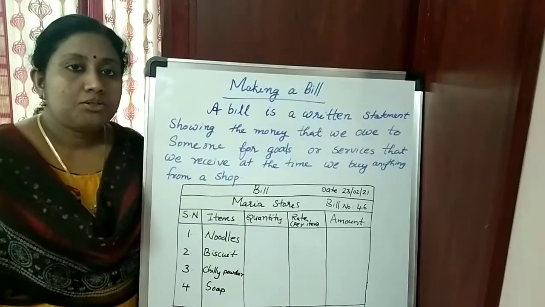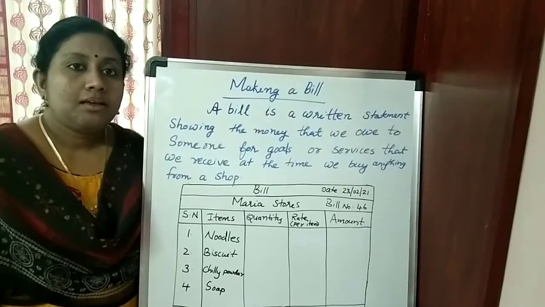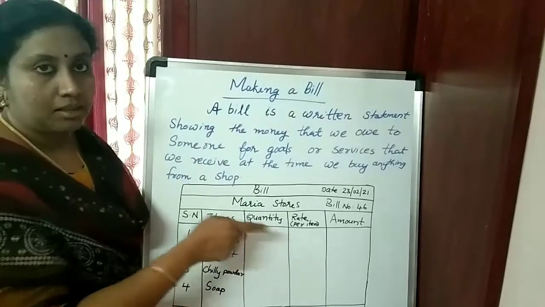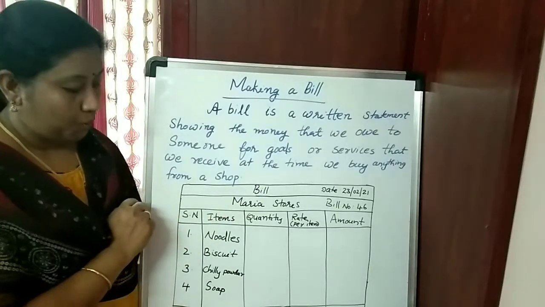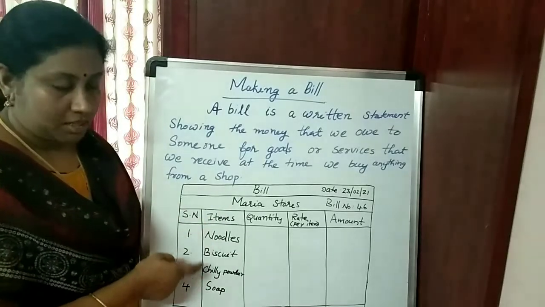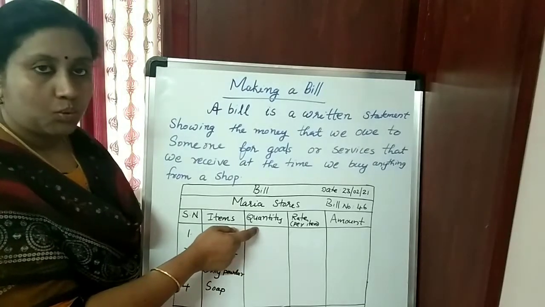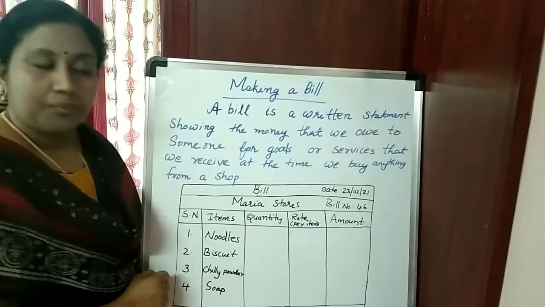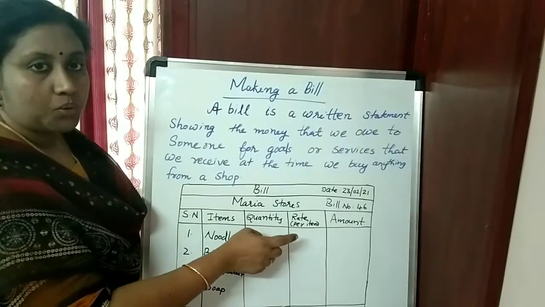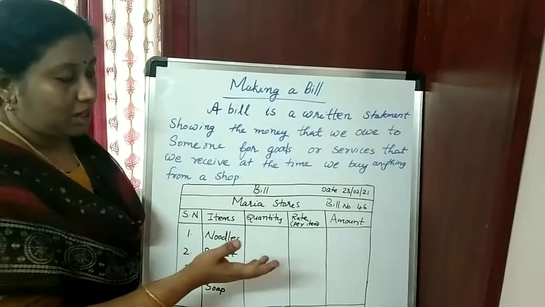That means when we go to market to purchase some items, the shopkeeper gives us a slip. In that slip our things are mentioned like this: the name of the shop, then serial numbers, items, then the number of items, that is quantity, then rate, what is the cost of each item, or the cost of 1 kg.